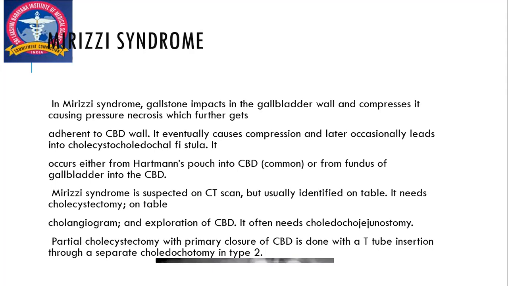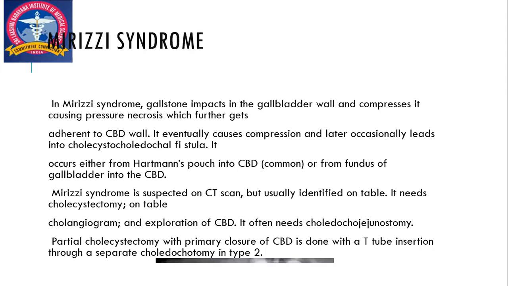It occurs either from the Hartmann's pouch into the CBD, which is very common, or from the fundus of the gallbladder into the CBD. If Mirizzi syndrome is suspected, a CT scan has to be done, but usually it is identified on table, and it needs cholecystectomy. On-table cholangiogram and exploration of the CBD is done. It often needs choledochojejunostomy.